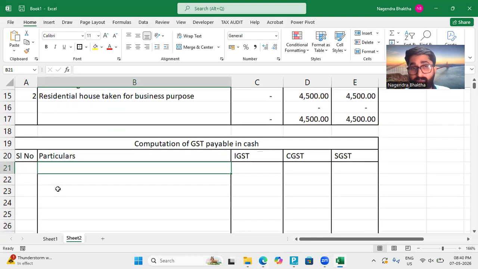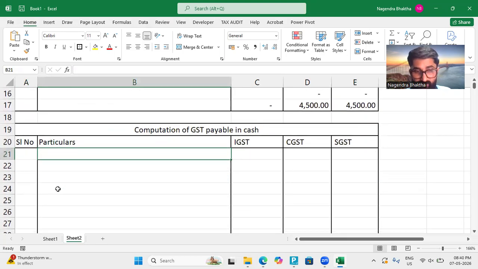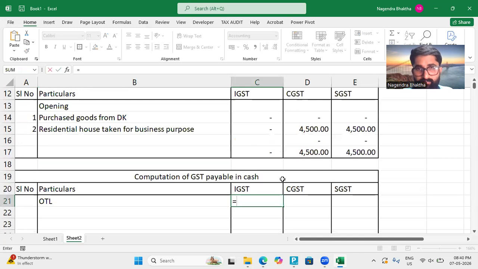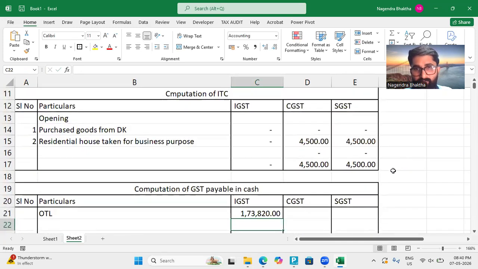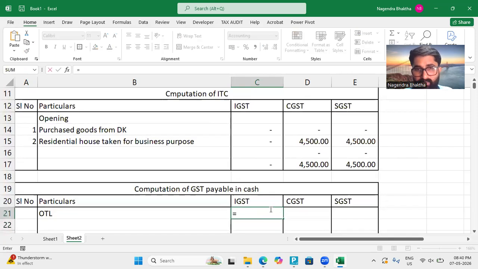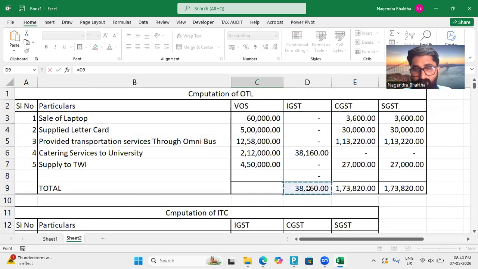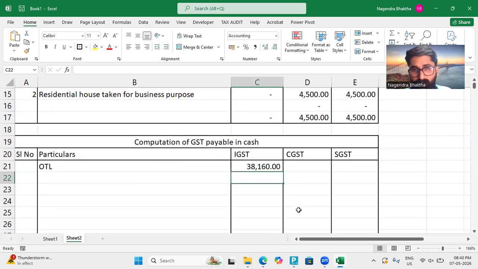I mean, cash payable, computation of GST payable in cash. First, write OTL. What is OTL? IGST. How much is IGST OTL? 1,73,820. Sorry, not that. That's not IGST. IGST OTL is 38,160.